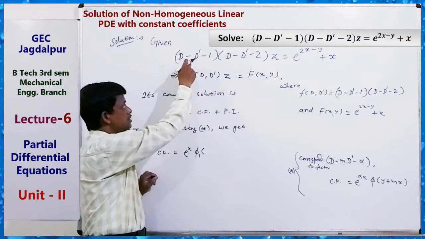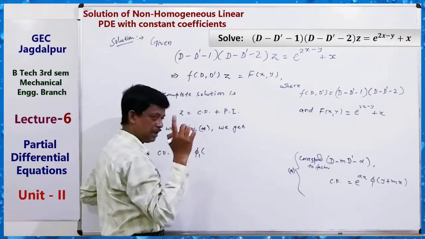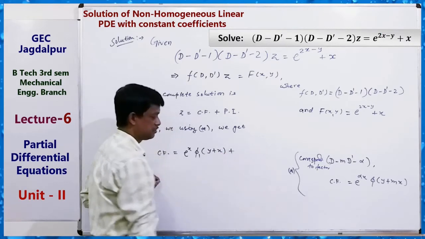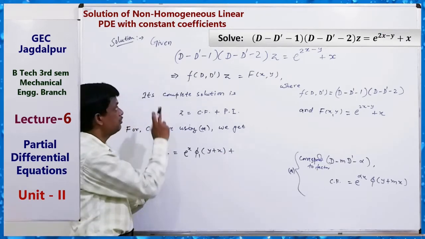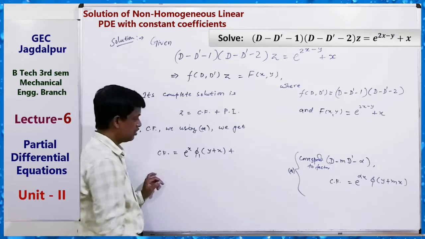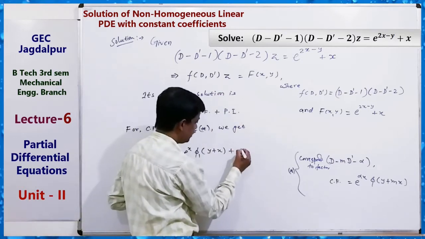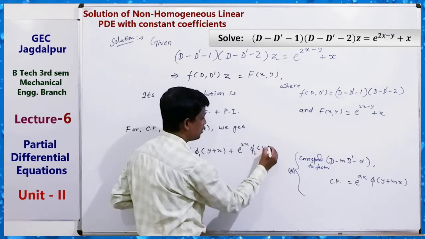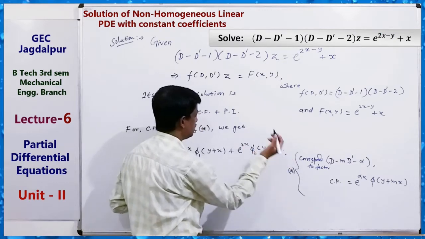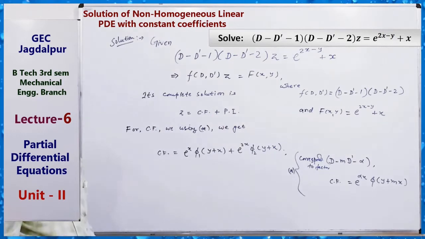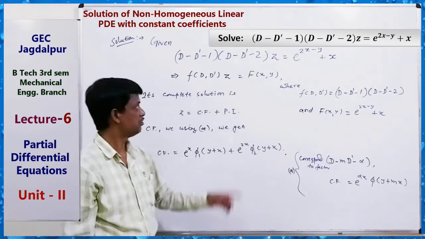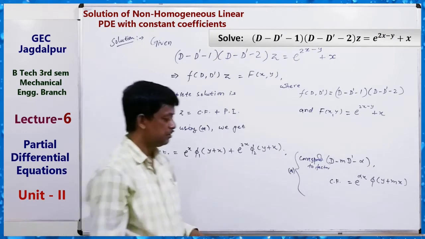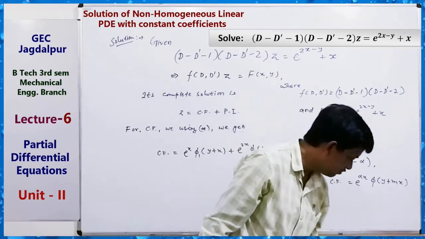Here minus 1, m is 1, so y plus x, plus, and for the second, e to the power 2x, phi 2 of y plus x. This is the CF. Write corresponding to each factor, and add. Clear? So this is CF.